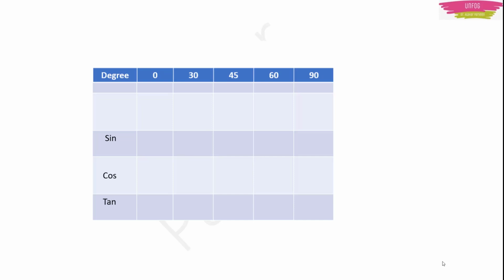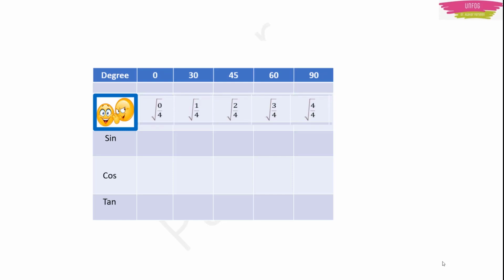Only these 5 values we will learn by heart for sine, cos and tan. Now learning by heart is not easy, right? That's why we will learn a trick so that we can easily write down the answers for these values. The trick is that first you write square root of 0 by 4, square root of 1 by 4, square root of 2 by 4, square root of 3 by 4 and square root of 4 by 4.